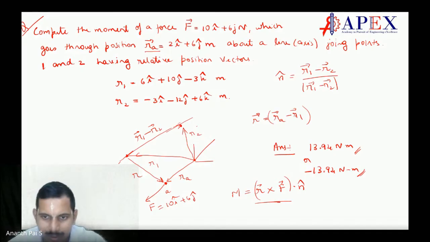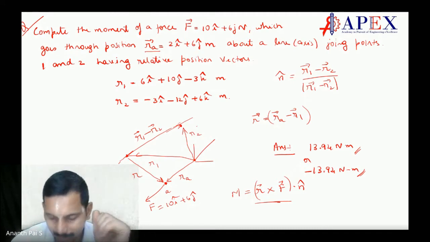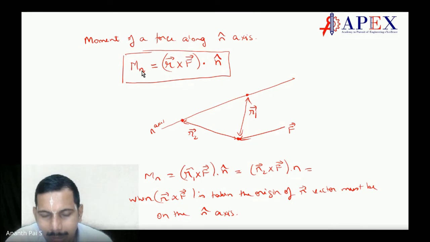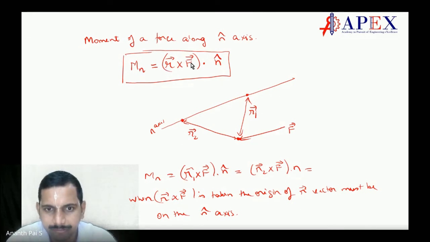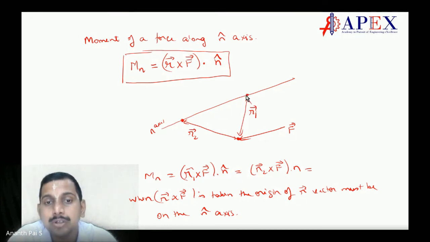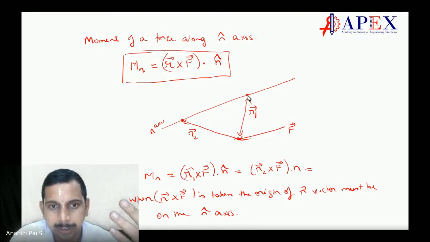Okay. First of all, what we need here: what is the moment about n? It is r crossed with F. What is r? r is the distance from the place where the force is acting to the point about which we have to take the moment.